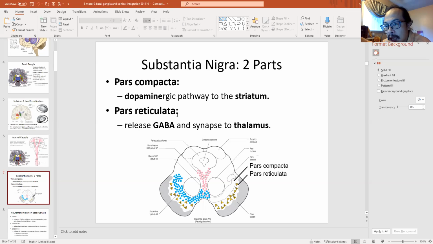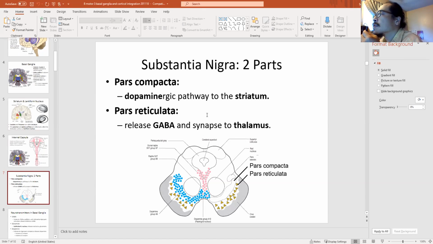This one releases GABA and is sent to the thalamus, and that inhibits the signal in the thalamus. So this is also an easy area for a quiz question: what's the neurotransmitter from the pars compacta or from the pars reticulata of the substantia nigra?